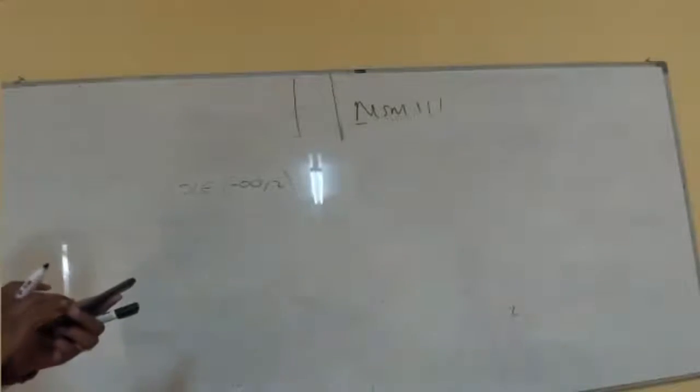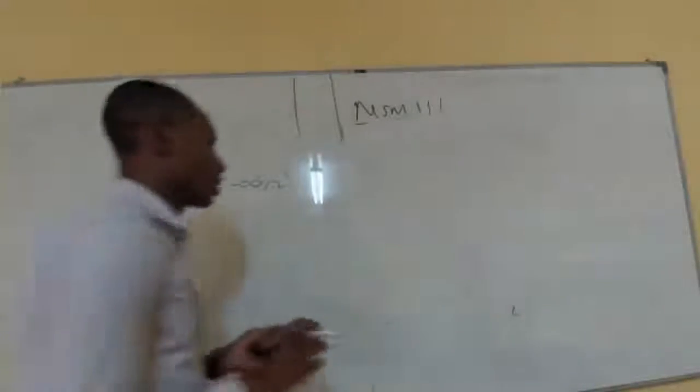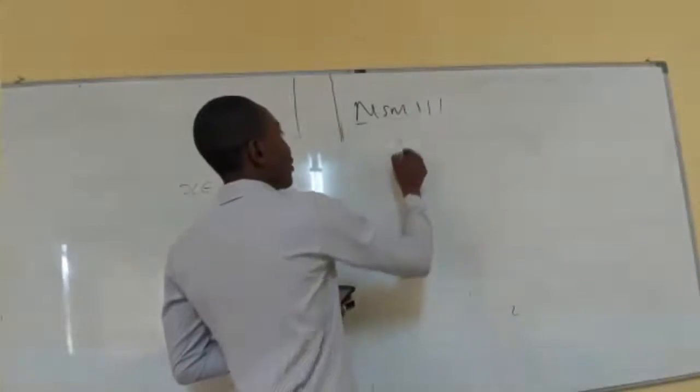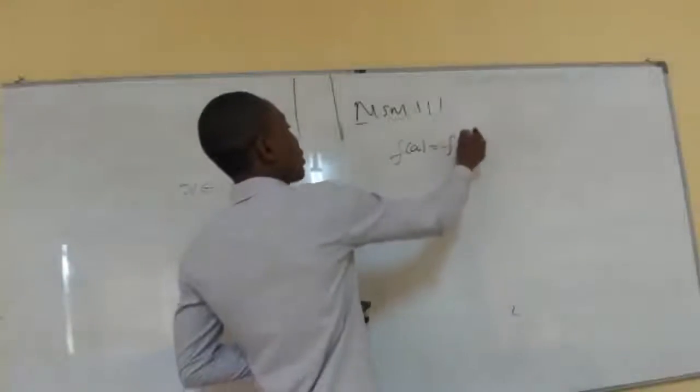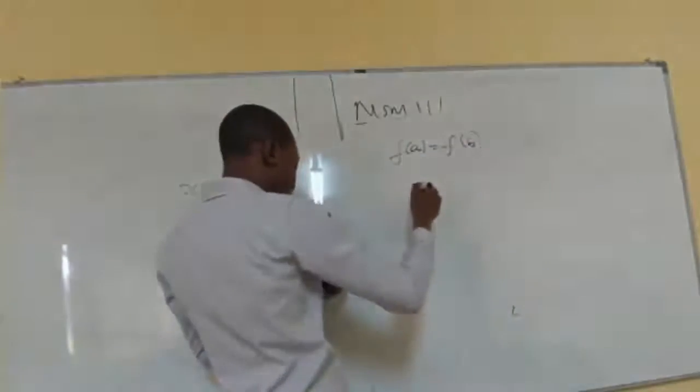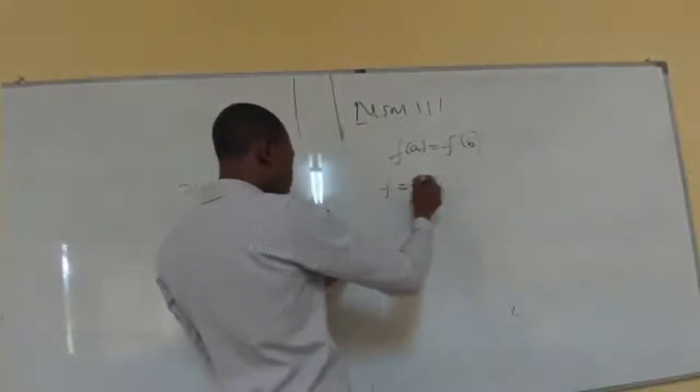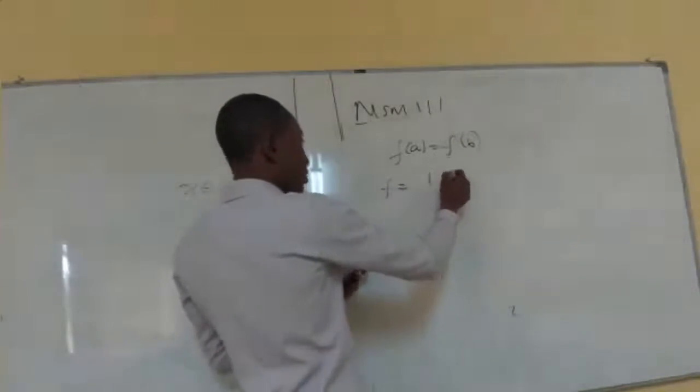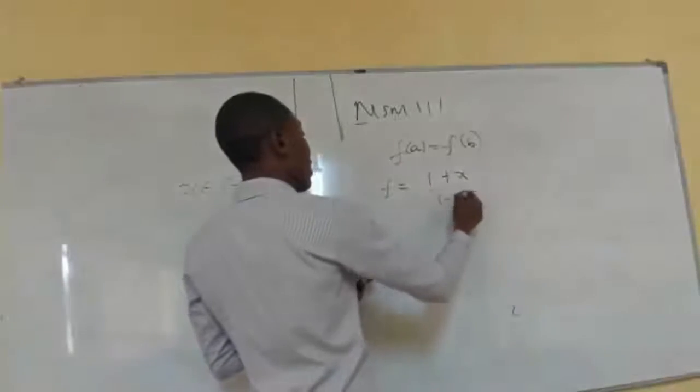We say the function is said to be one-to-one if f of a is actually equal to f of b. Then what you have as f in this case is 1 plus x over 1 minus x.